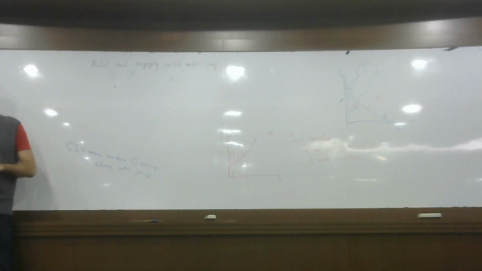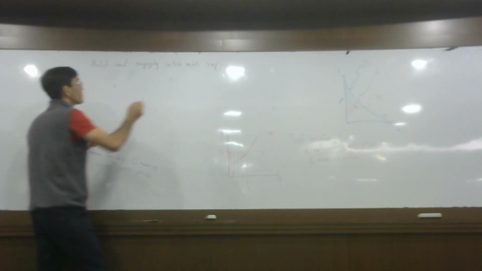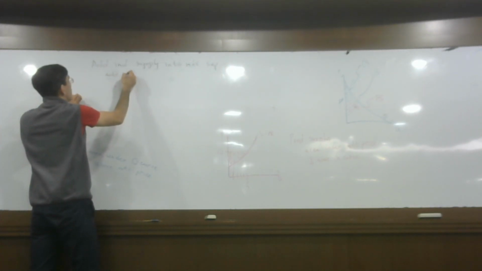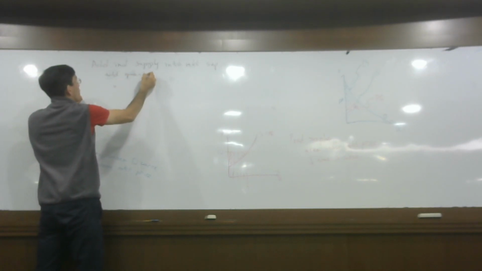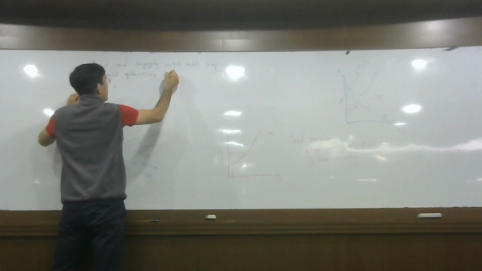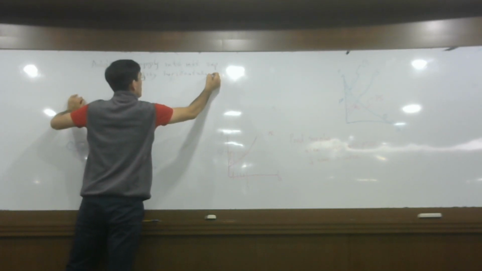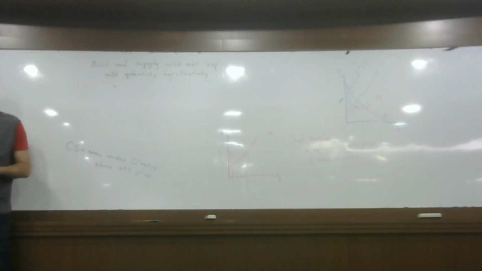Add individual supplies into market supply. How do we do it? Same way. Just add the quantities horizontally, because adding the equations doesn't really work.